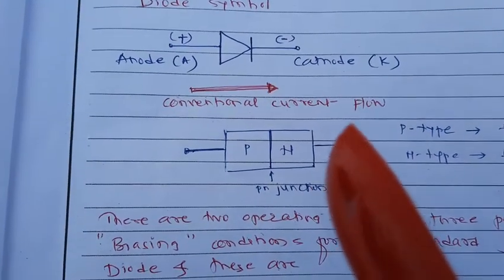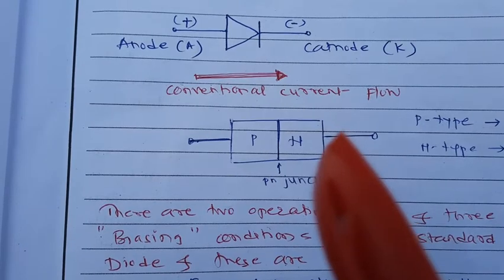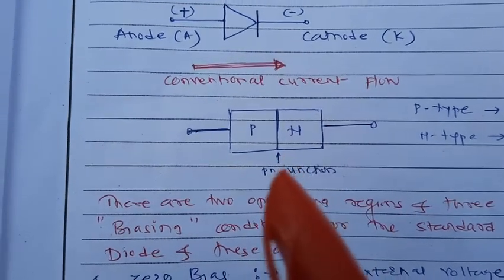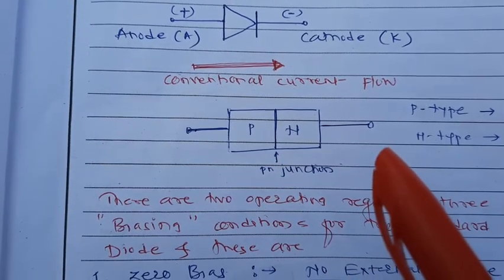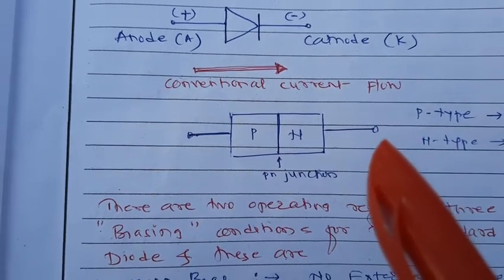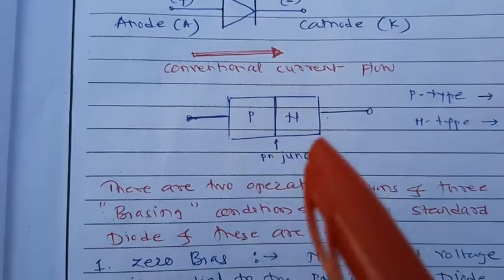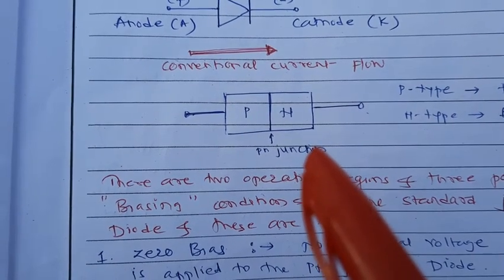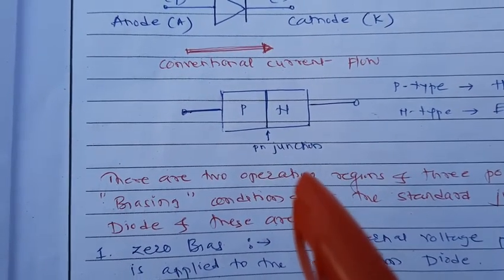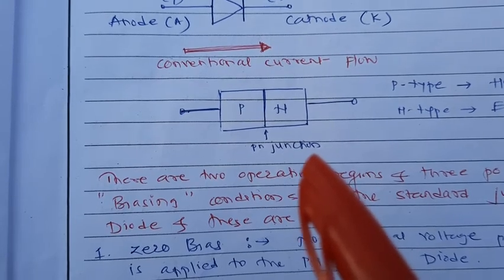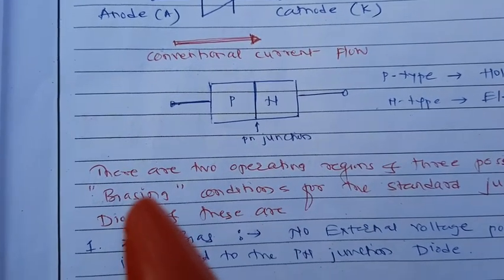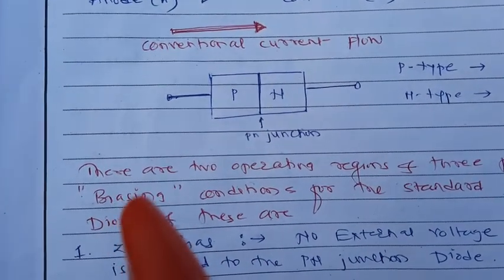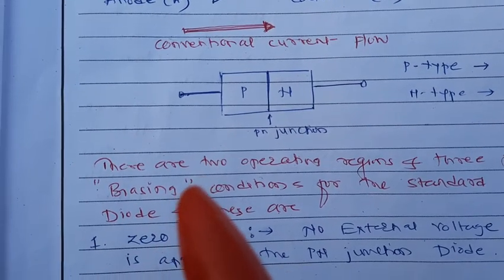So before using this diode as a practical device or rectifying device, we first bias the PN junction. There are two types of biasing conditions. Before that, we should know what biasing is.